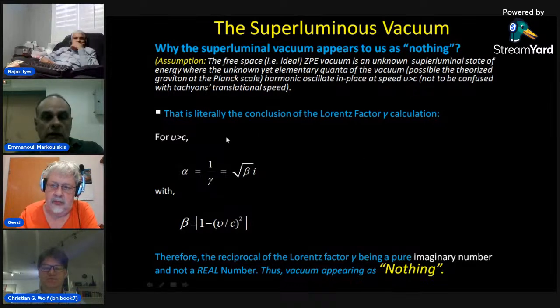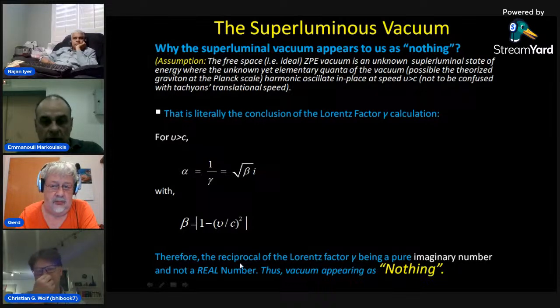So if we just do the Lorentz transformation for v greater than c, that is literally the conclusion of the Lorentz factor gamma calculation: the reciprocal of the Lorentz factor becomes a pure imaginary number. So the Lorentz factor being a pure imaginary number and not a real number, that's the vacuum appearing as nothing.